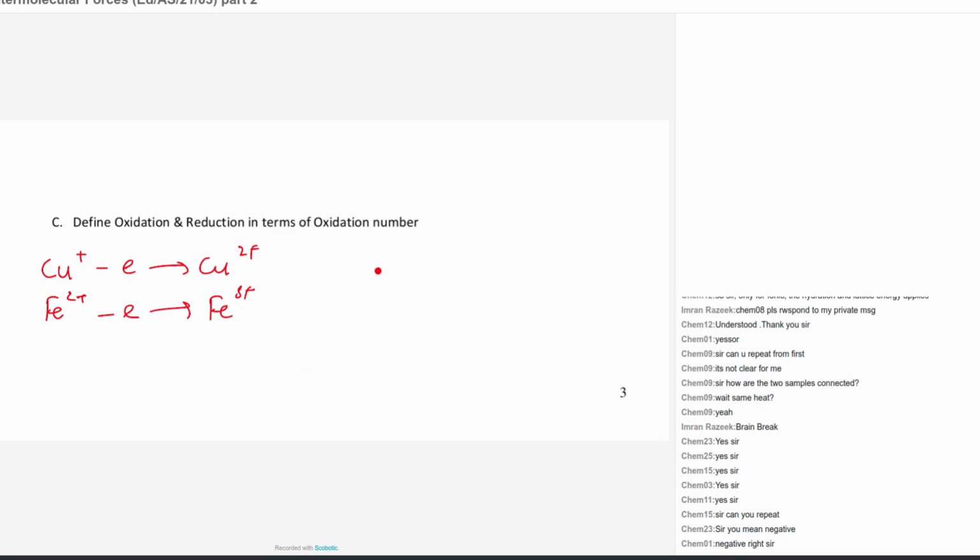The next point, likewise, decrease in oxidation number requires gaining of electrons.